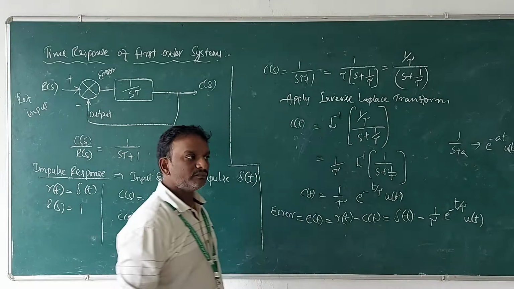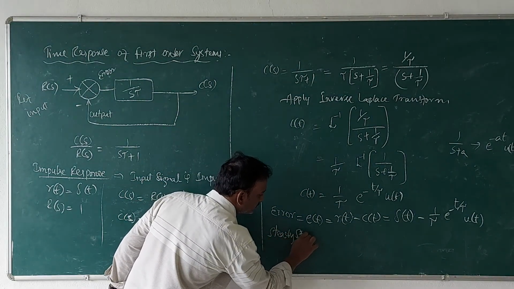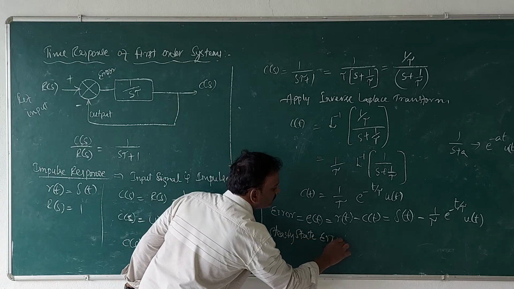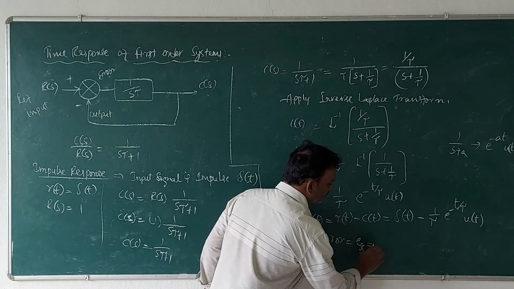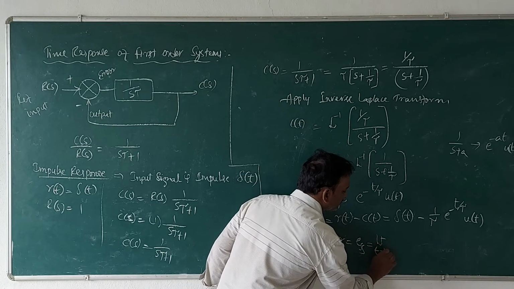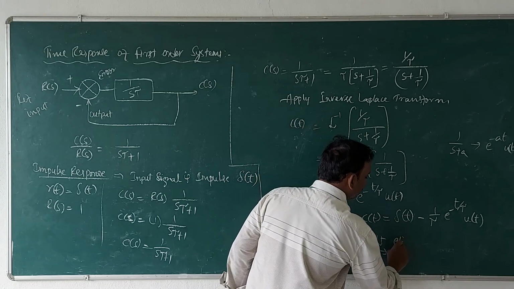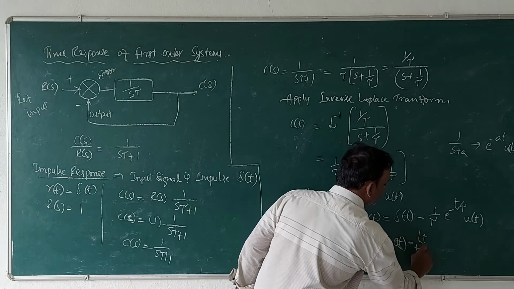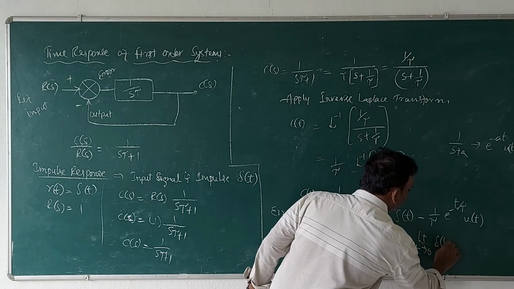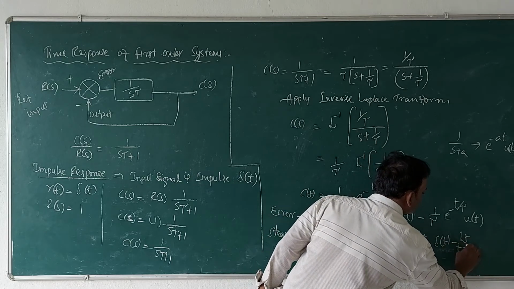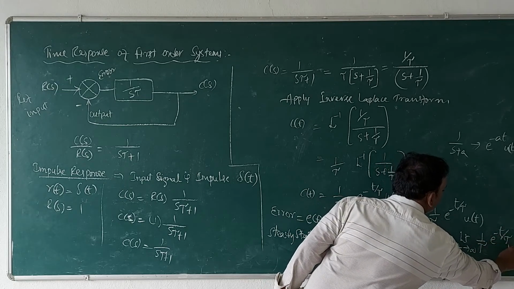So now what is the steady state error? How to determine the steady state error now? What is the formula for steady state error? It is e_ss, which is equal to limit t tends to infinity of e of t. E of t means this one. So limit t tends to infinity of delta of t minus limit t tends to infinity of 1 by tau e power minus t by tau u of t.